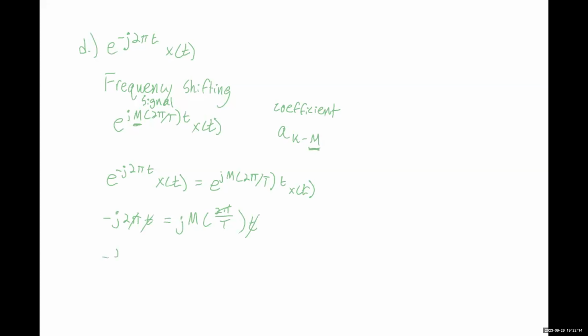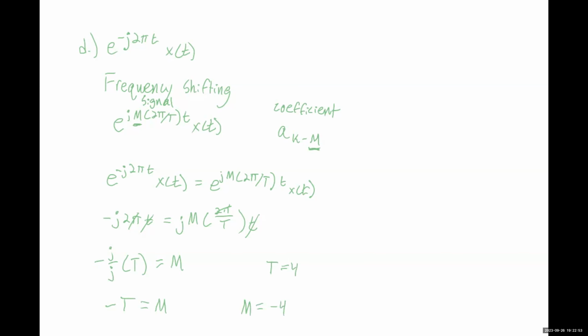We get negative j over j times t is equal to m. Negative j over j is equal to negative 1. So we get negative t is equal to m. And we know from the problem definition that t is equal to 4. So m is equal to negative 4.